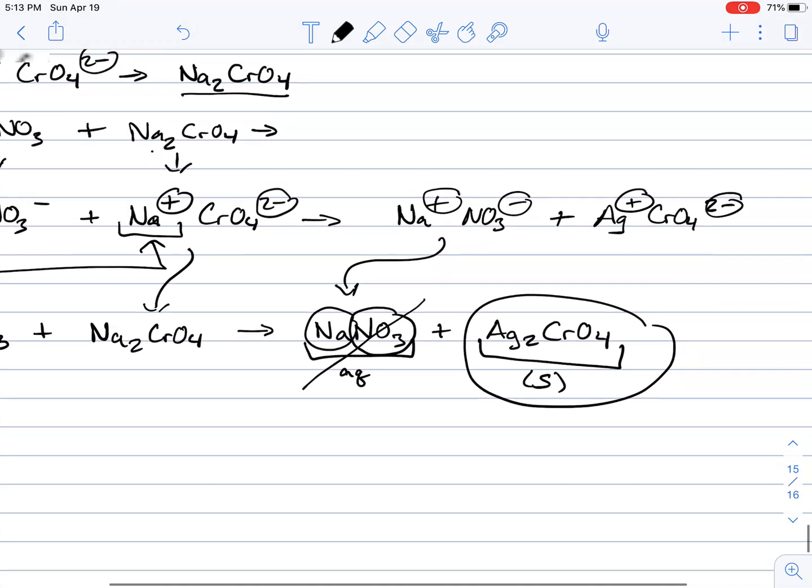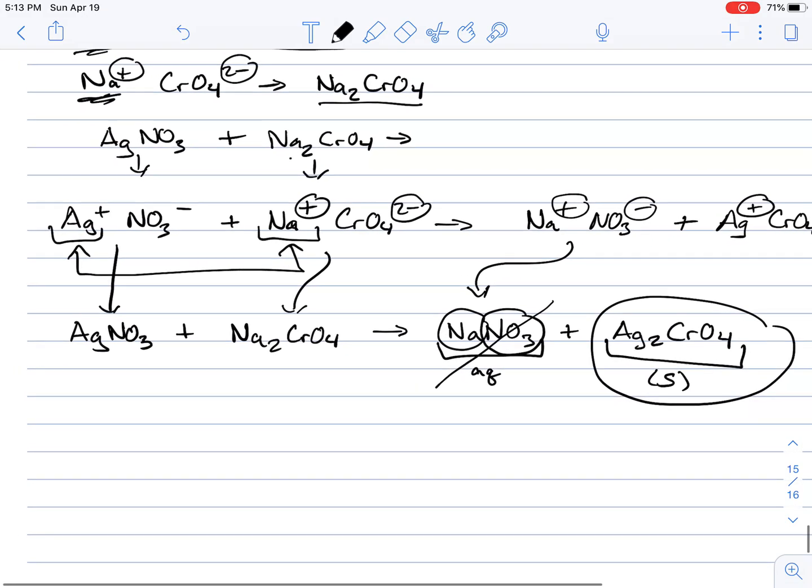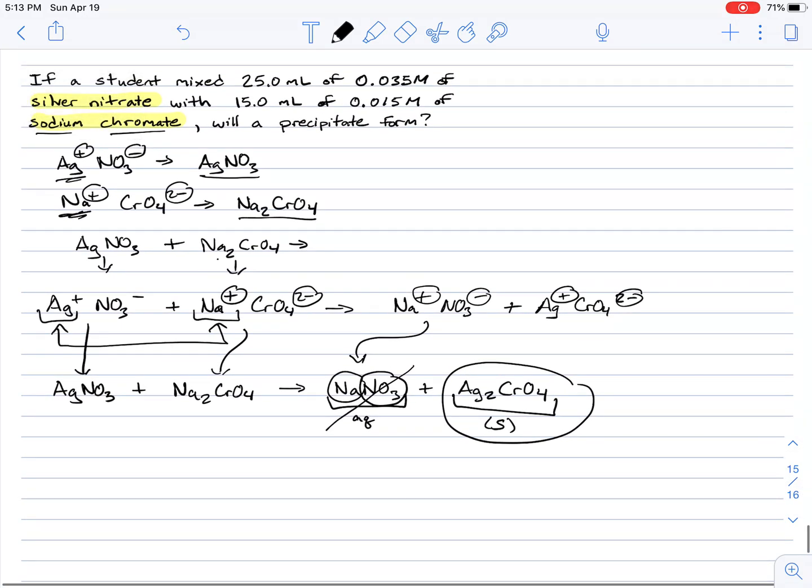Okay. And so now that we've identified the identity of our precipitate, now we have to determine if a precipitate actually forms, right?